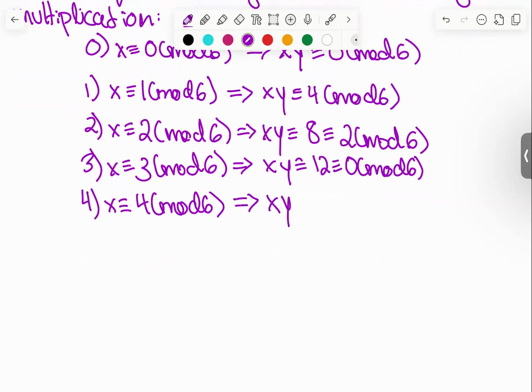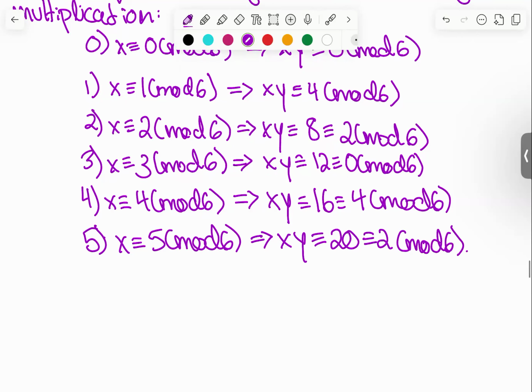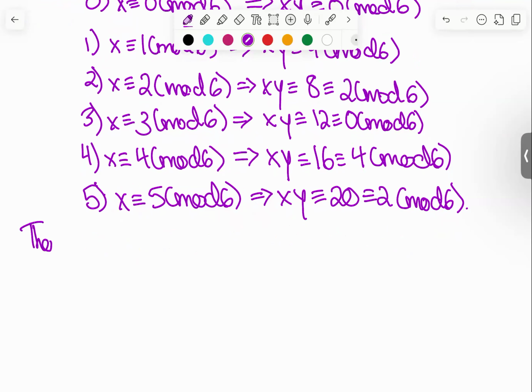Well, we get 4 times 4, which is 16, which is 4 mod 6. 5. 5 times 4 is 20, which is 2 mod 6. Okay. Or how about I'll say these are all possibilities.